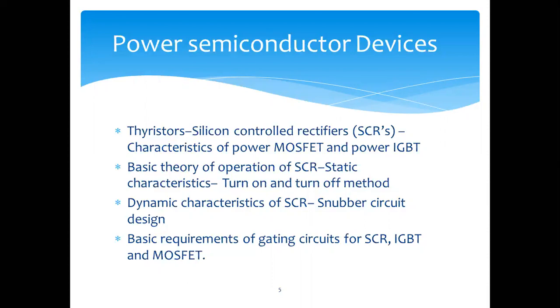We have static characteristics and also dynamic characteristics. To explain dynamic characteristics, I will tell you a small application. If you are using an inverter in our house, the inverter is connected to a battery. Without a battery, there is no use of an inverter.